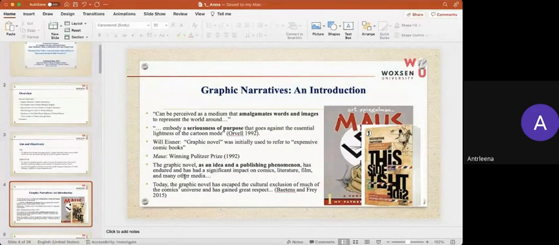This term was coined by Will Eisner in 1961, and initially the term graphic novel was used to refer to very expensive comic books.